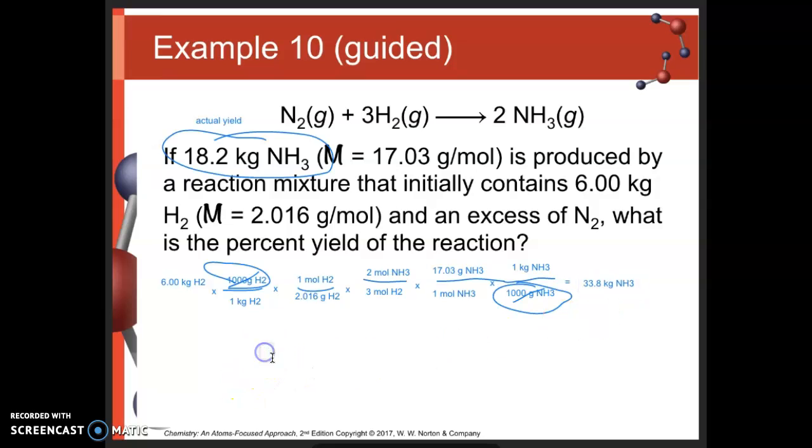To get my percent yield is equal to actual yield over theoretical times 100%.